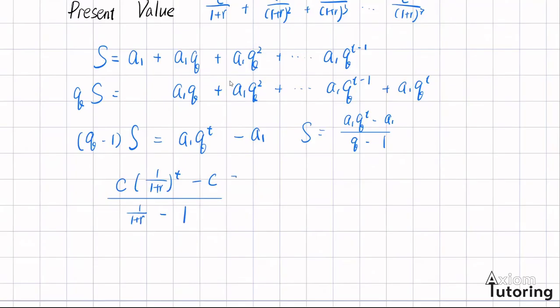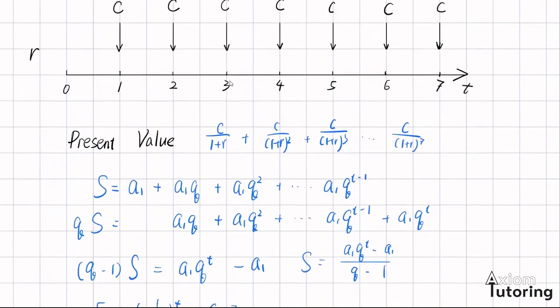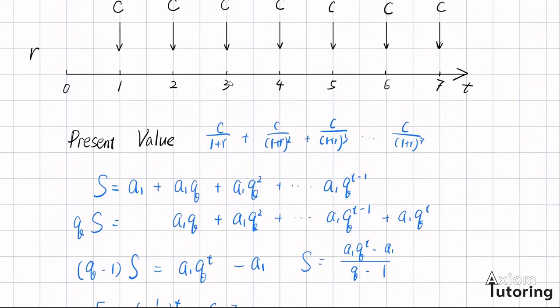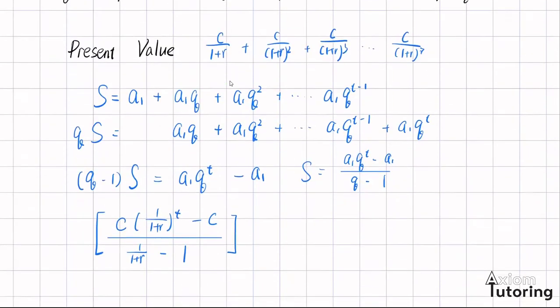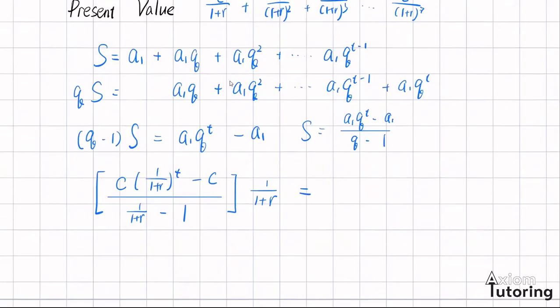And remember, we're discounting the whole thing. There's no cash flow at this point, so we don't discount it here. So we have another 1 over 1 plus r outside of it. The rest is just to simplify this expression.